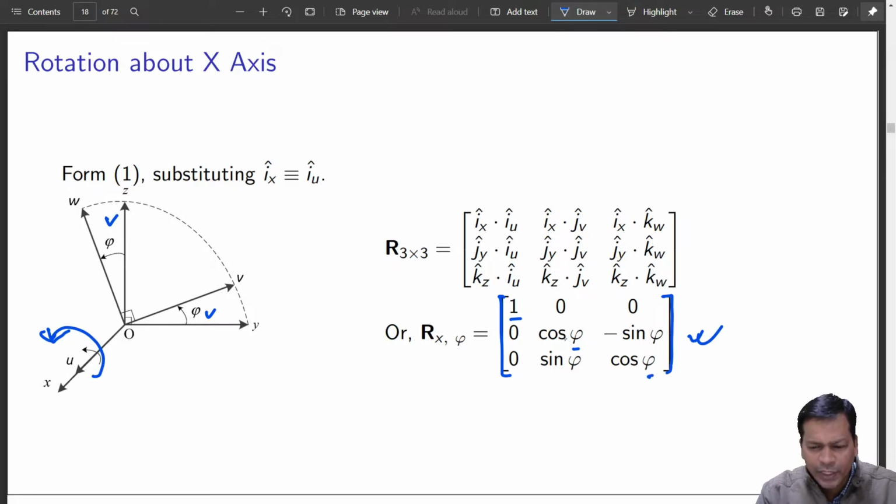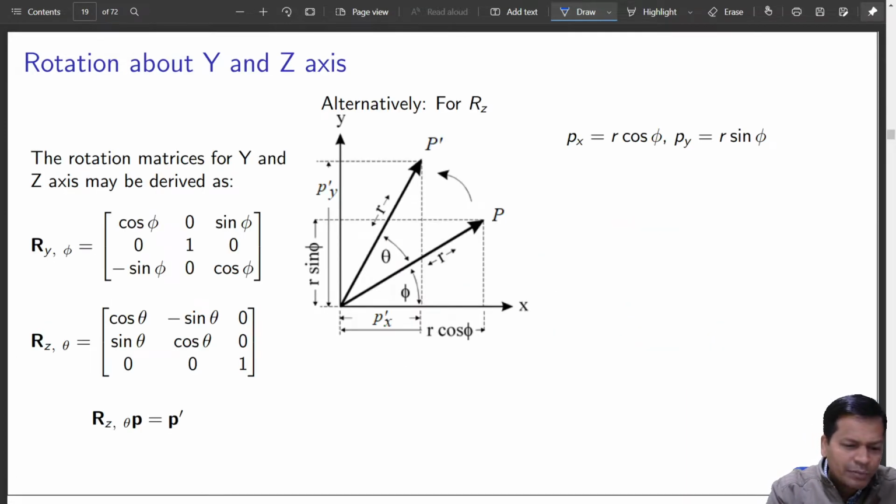It is cos psi, minus sine psi, sine psi and cos psi. So if this is for the rotation about the x-axis, put this as 0, this as 0: the column and row corresponding to the axis as 0 and the rest is cos, minus sine, sine, cos. So this is the rotation matrix about x.